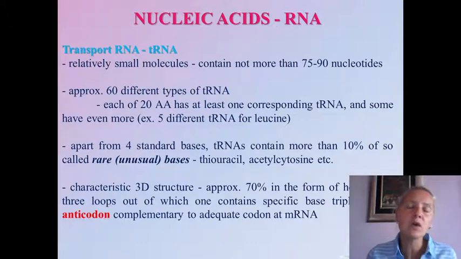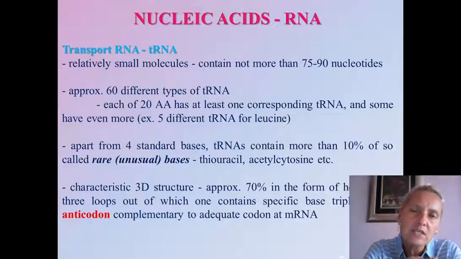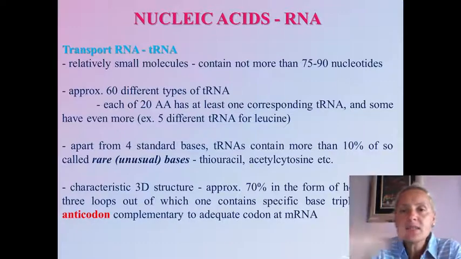So let's move on to transfer RNA. As I have mentioned, these are relatively small molecules containing not more than 90 nucleotides, approximately 80 nucleotides in a sequence. We said that there are only a few types of rRNA, 3 in prokaryotic cells and 4 in eukaryotic cells, but now we have more types of tRNAs, approximately 60.